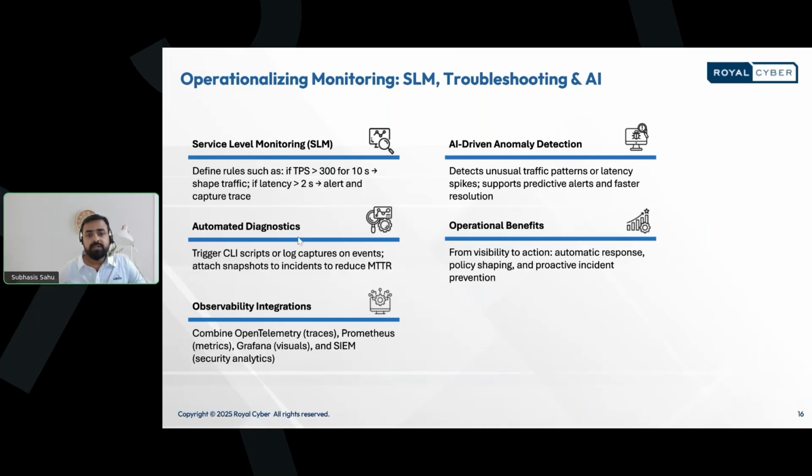Coming to automated diagnostics, whenever you have an issue, DataPower has a capability for event records, and we can also tell DataPower to take certain actions. Without manual intervention, whenever there is any issue or any event that has occurred, we can set up particular steps, a course of actions, that can be taken by DataPower as per our configuration.